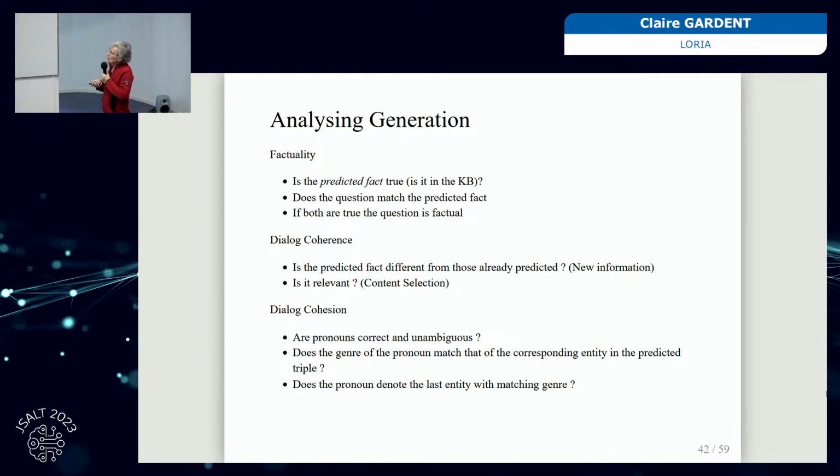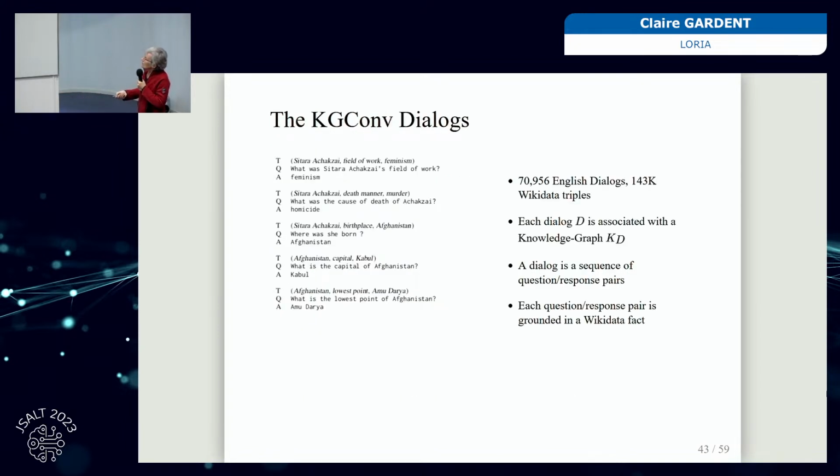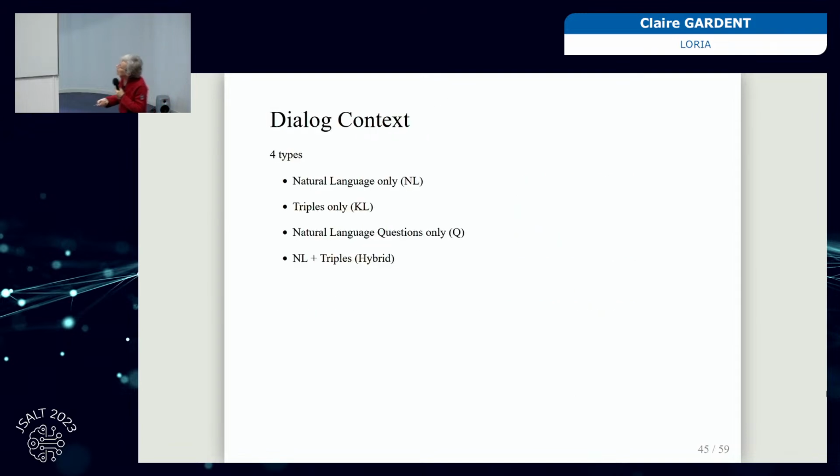And finally, we can also look at dialogue cohesion, because the question is associated with a triple, so the pronouns can be associated with entities. We can check the gender of this entity and whether it matches the gender of the pronoun. And we can also check for ambiguity. I'll come back to this later.